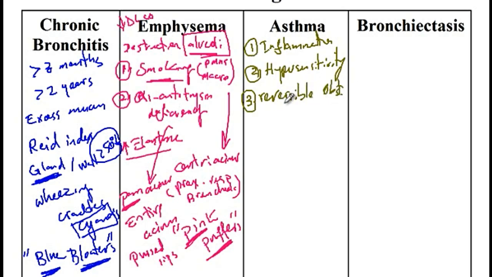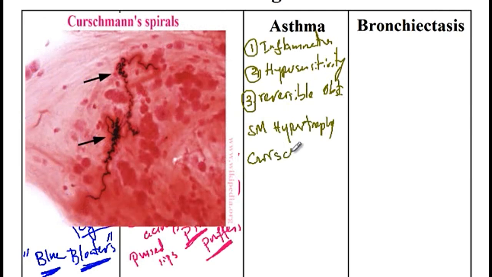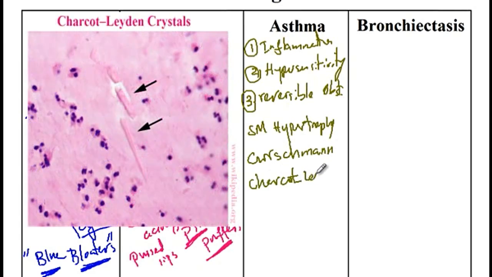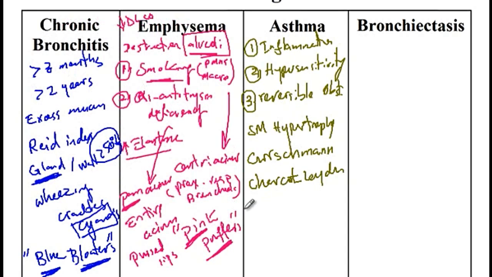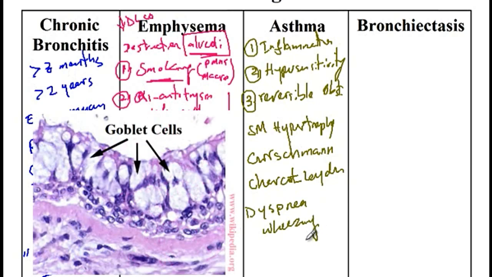And other characteristics of asthma include the smooth muscle hypertrophy, Curschmann spirals from the shed epithelium, as well as the Charcot-Leyden crystals from breakdown of the eosinophils. And then characteristics of asthma include the dyspnea, wheezing, bronchospasm, as well as the goblet cell hyperplasia with the mucus plug.